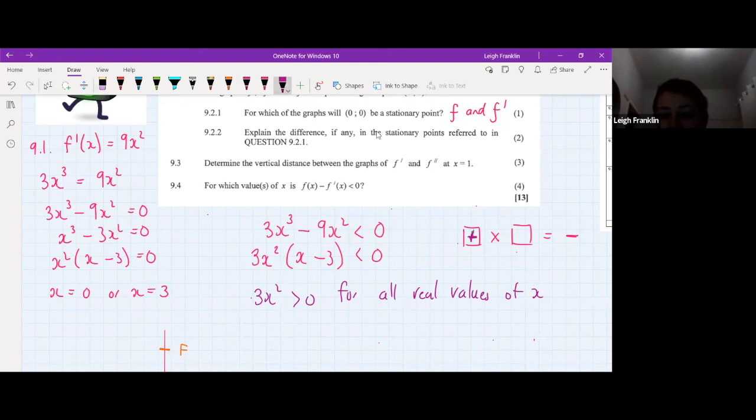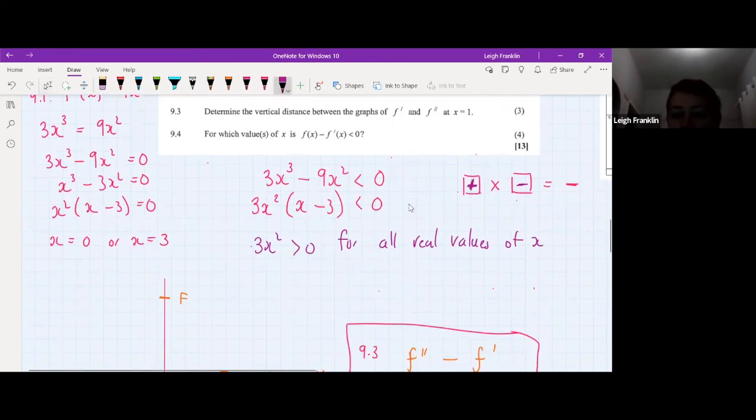So if that quantity is always positive, we have to look where this is negative. That means we need to consider those values of x where x minus 3 is smaller than 0. That will be where x is smaller than 3. So I just solved my linear inequality. Everybody happy with that?